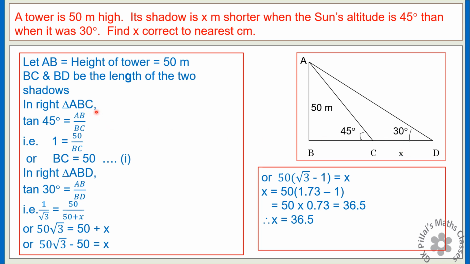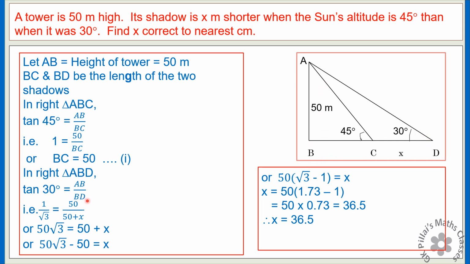So we will write in right triangle ABC, this type of steps you will write. In right triangle ABC, tan 45 equal to AB upon BC, 1 equal to 50 upon BC, we will get BC to be 50 meter. Now let us take the triangle ABD.